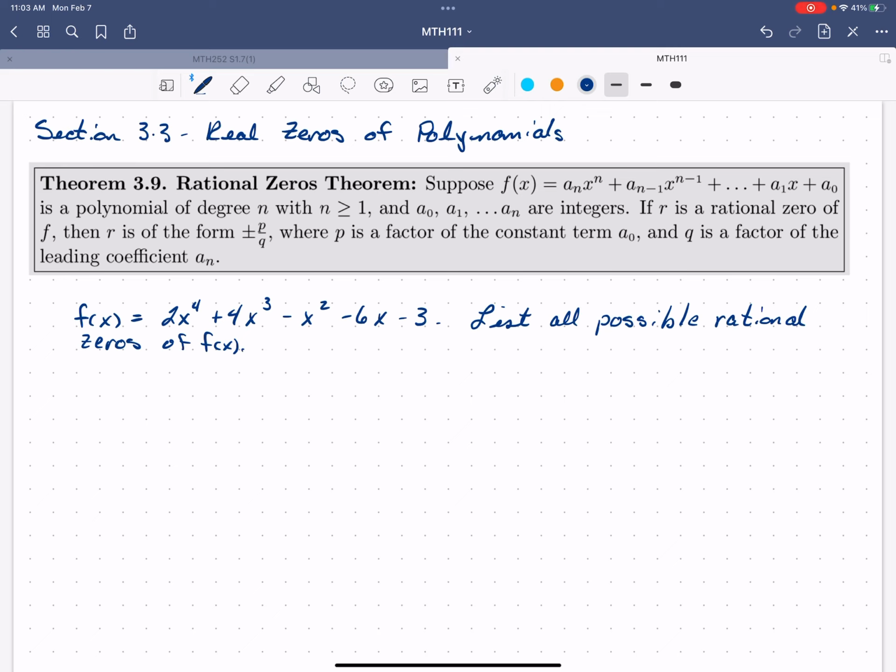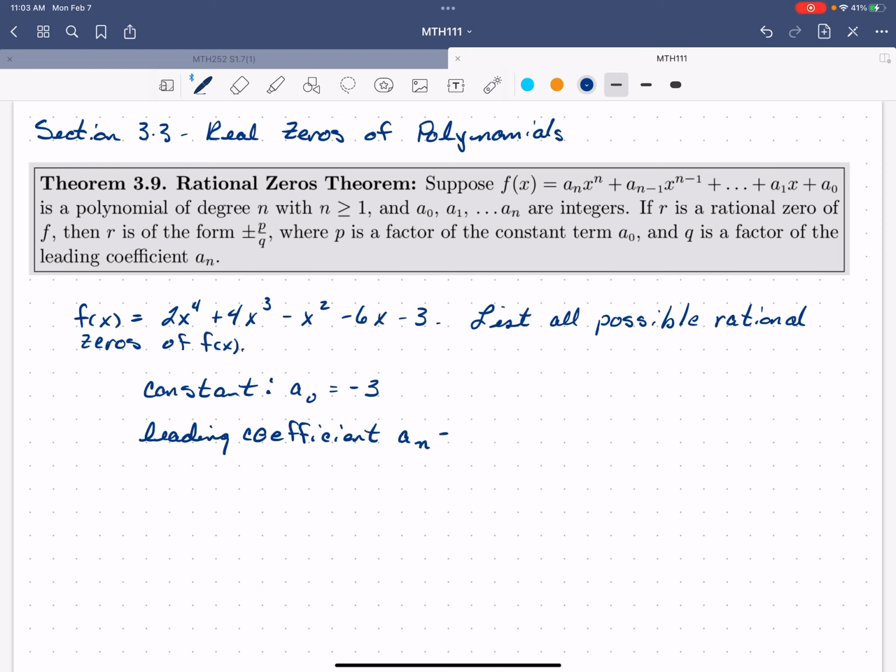Okay, so my constant coefficient, or my constant term, is a sub 0, and that equals negative 3. My leading coefficient is my a sub n, which is 2.